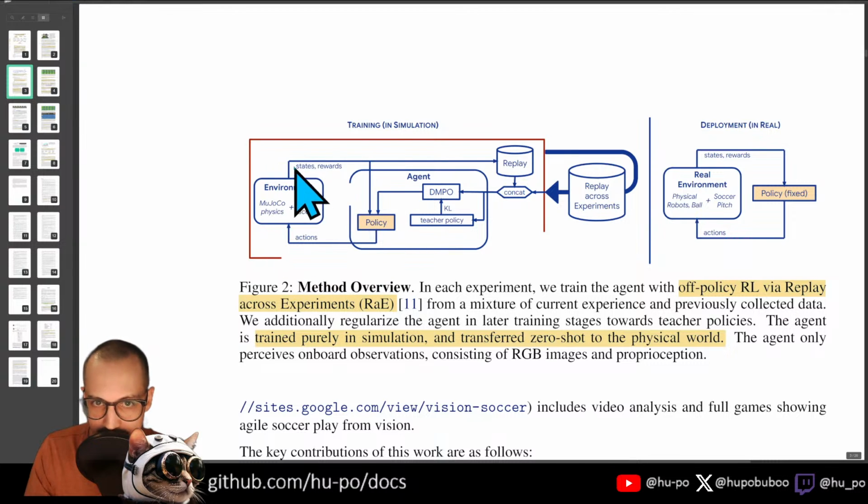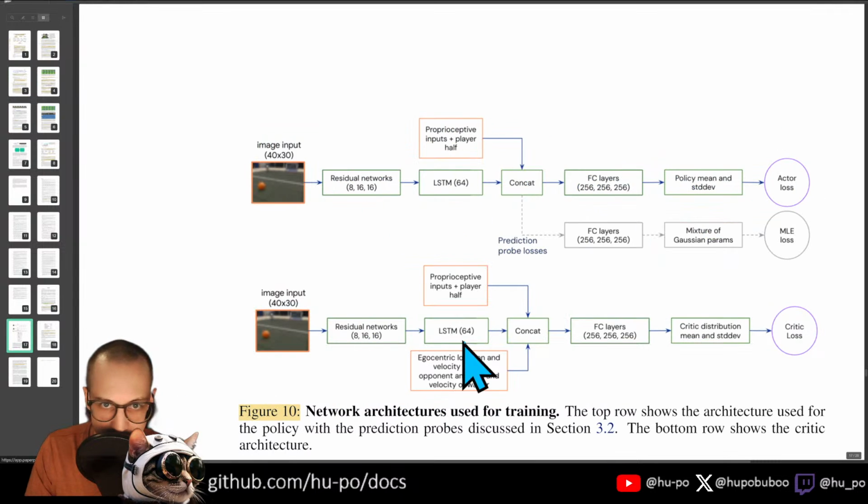The environment gives you the state that results after that action is taken, so it acts as the state transition function and gives you some reward. That reward is used to train the critic, and the critic is then used to train the actor, or the policy.